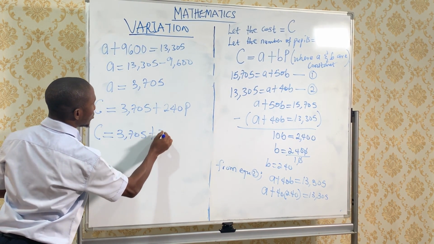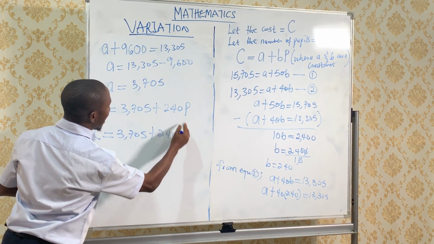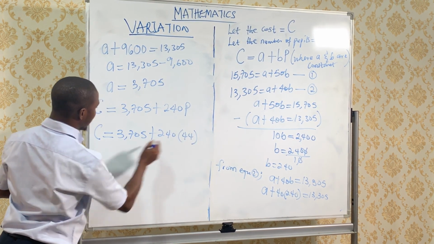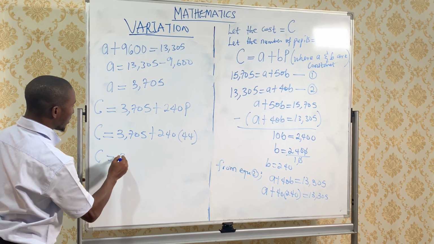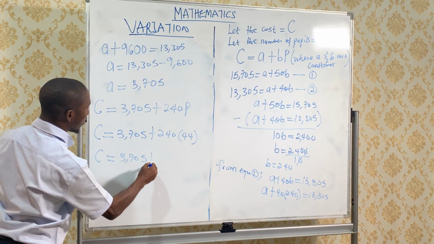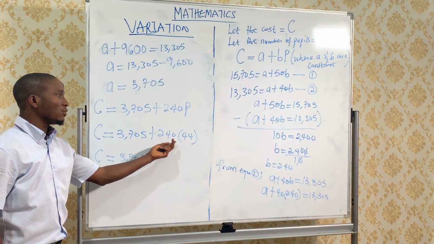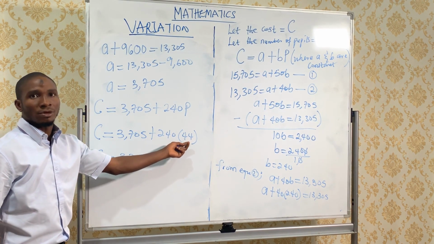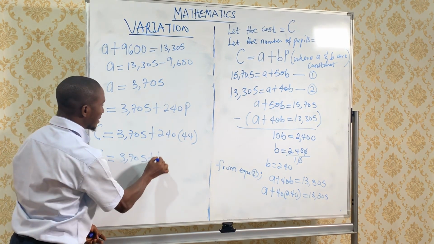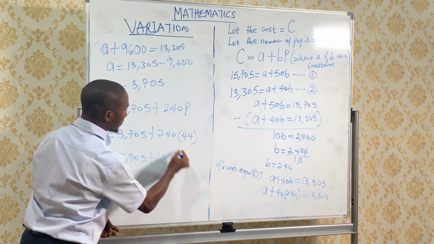3,705 plus 240 times 44. Now we can multiply 240 by 44. That will give us 10,560.